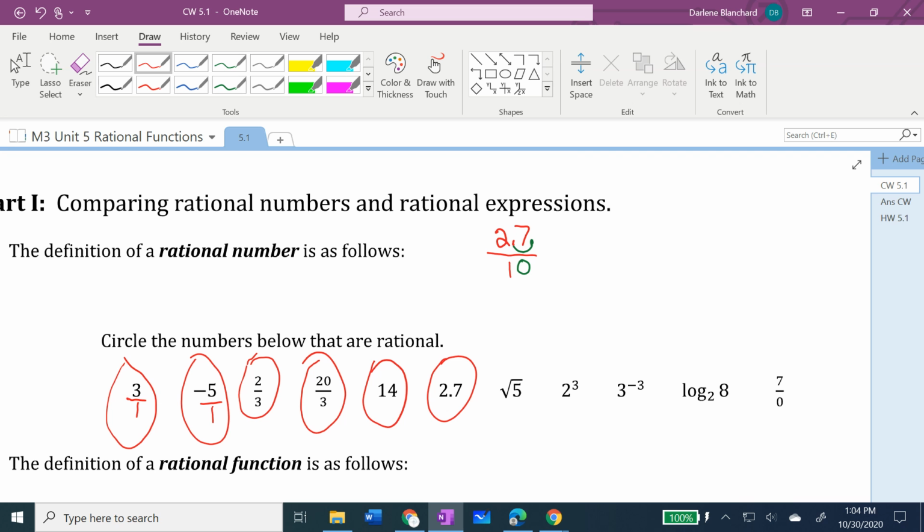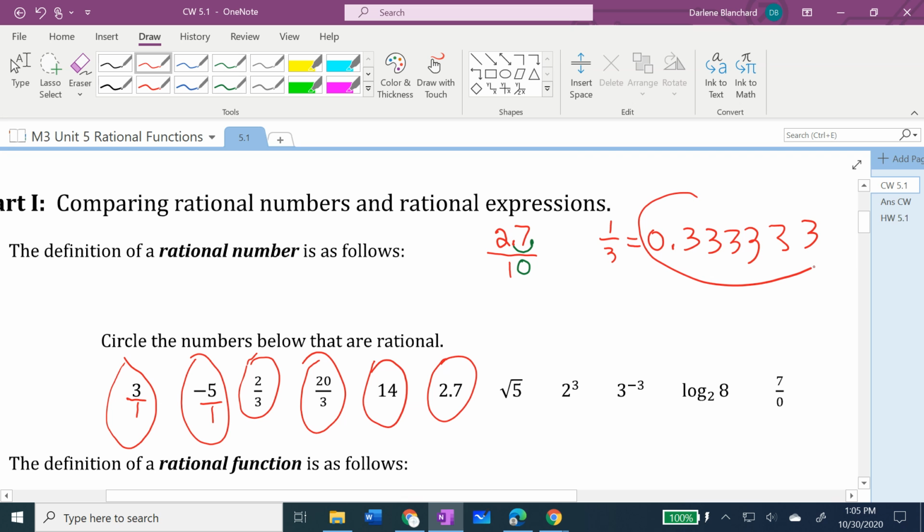Have you ever looked at what is 1 divided by 3? If you type 1 over 3 in your calculator, what does it tell you? It tells you 0.333 and so on. Now, this is a decimal. If you look at it in this form, it is a decimal number, and it does go forever, but it can be written as a fraction.